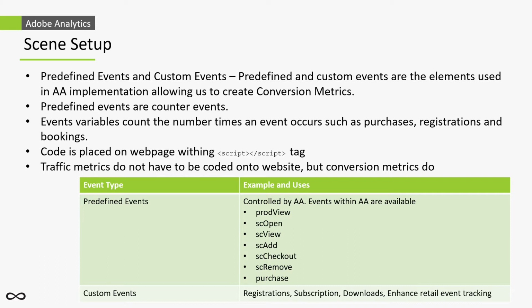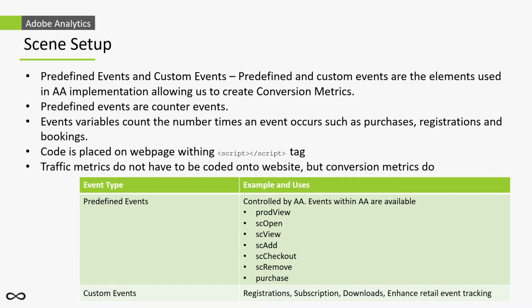Predefined means Adobe Analytics already has events which we can make use of, with respect to every industry like retail, manufacturing and so on. For the sake of example, I'm using the retail predefined events like prodView, scOpen, scView, scAdd.